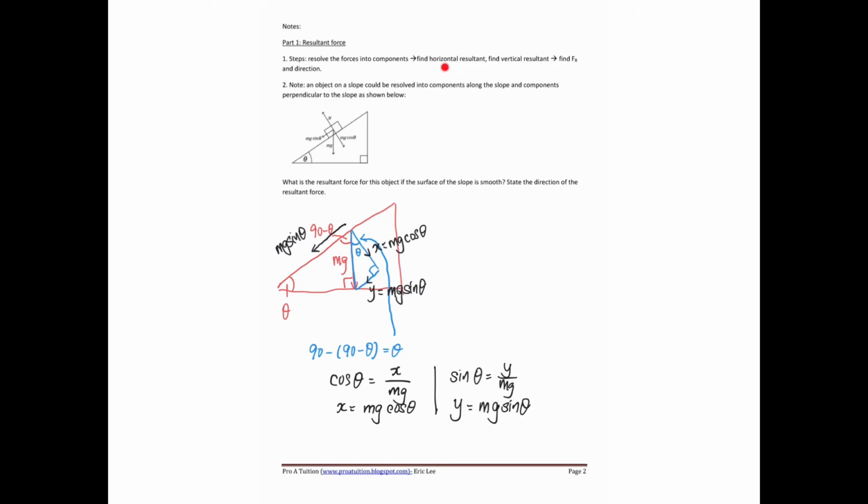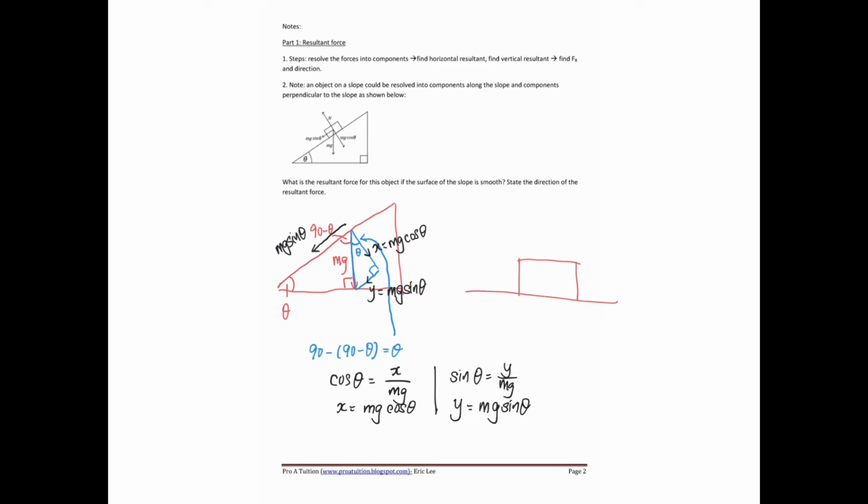The horizontal and the vertical are for objects on the horizontal plane. For example, if you have an object on a horizontal plane, then horizontal and vertical will be relevant.